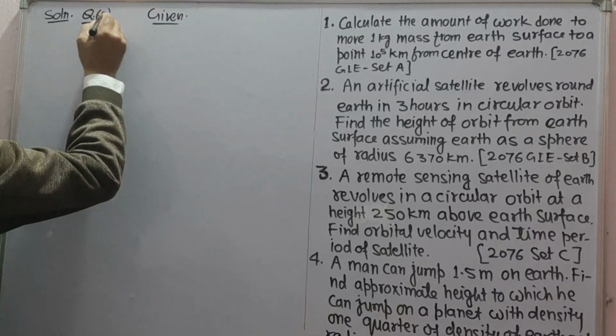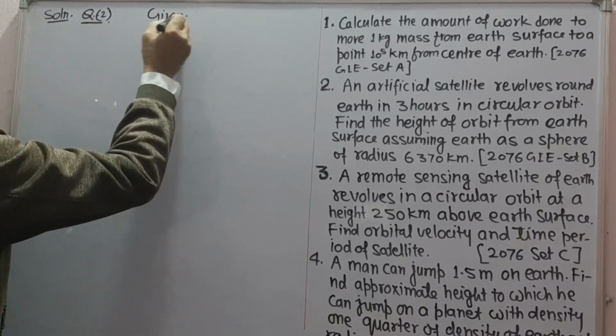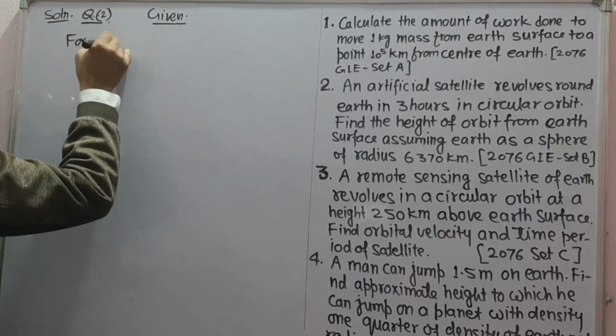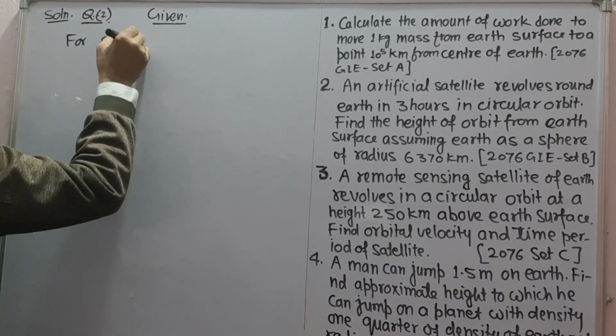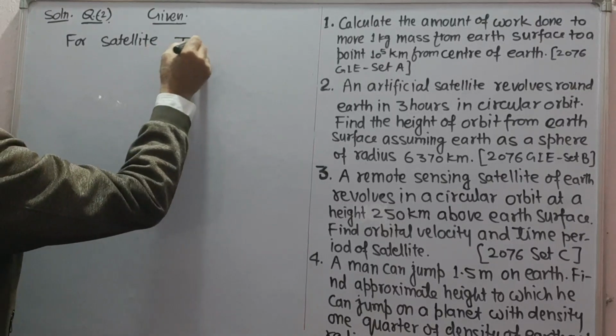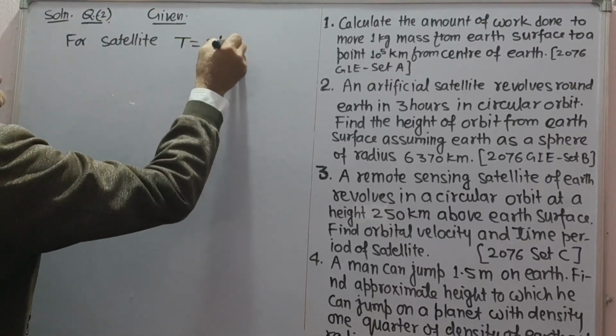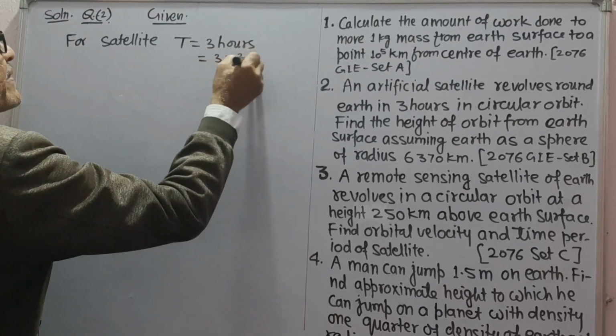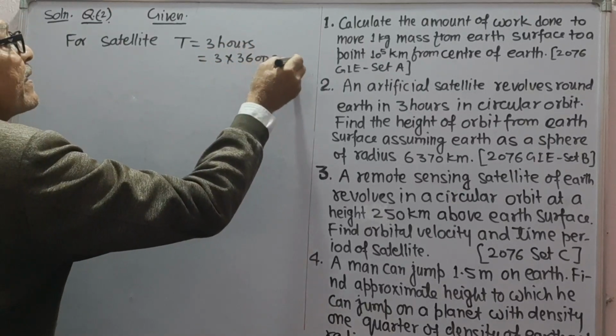Solution to question 2. Given for artificial satellite, time period is 3 hours, which can be written as 3 into 3600 seconds.